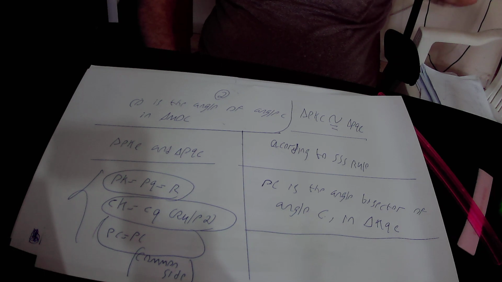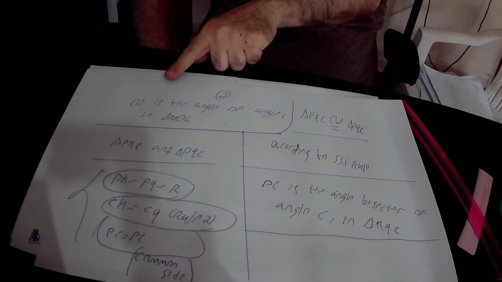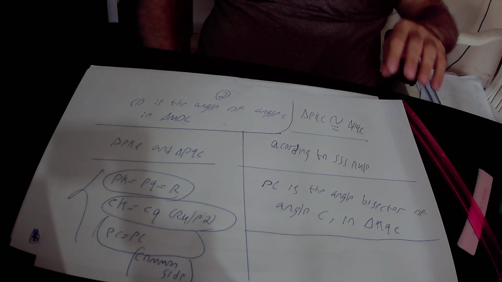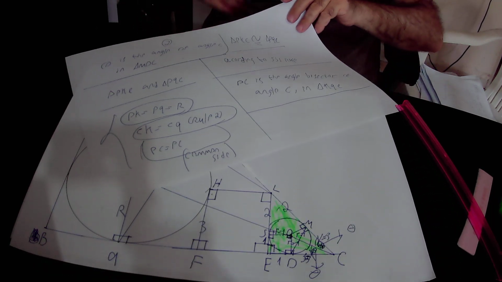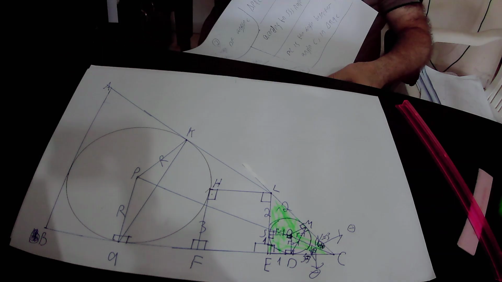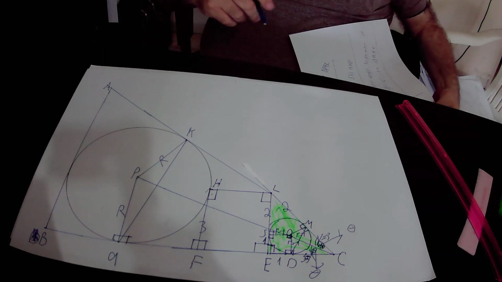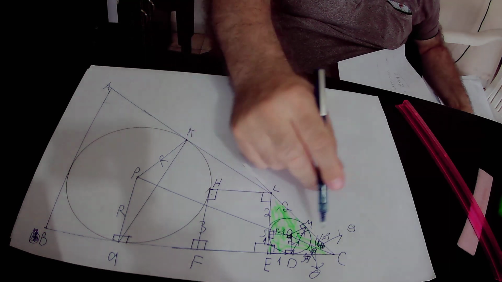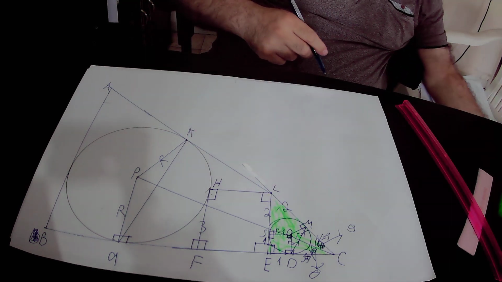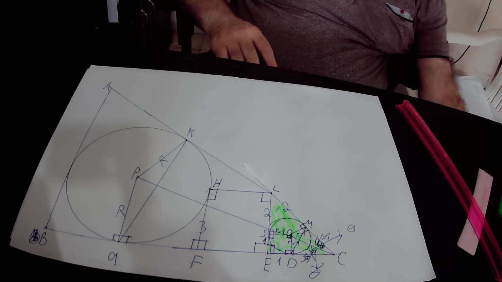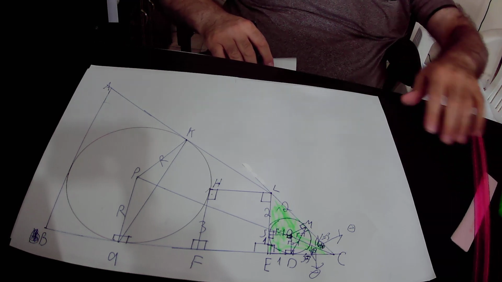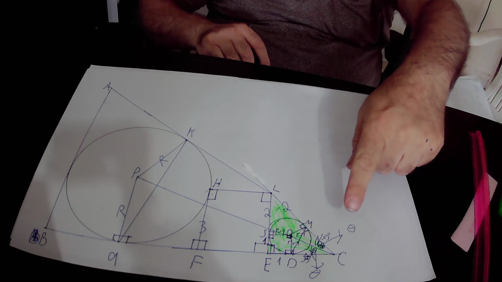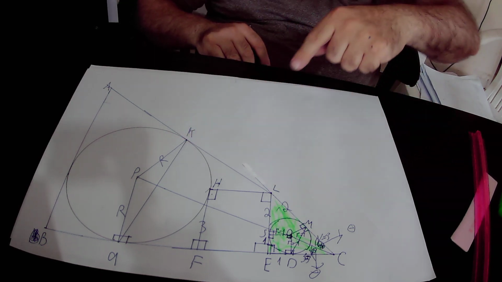And we already found out that CO is also the angle bisector of angle C. So, in conclusion, angle C has two angle bisectors, PC and OC. And here we have a claim that CO passes through point P.